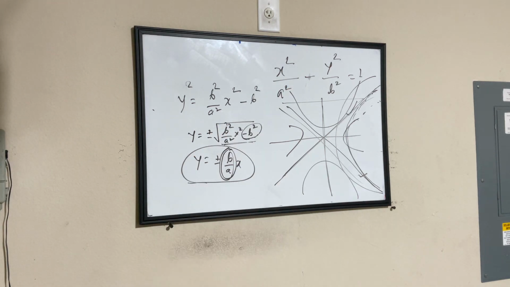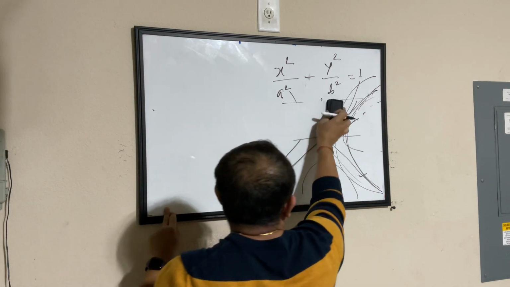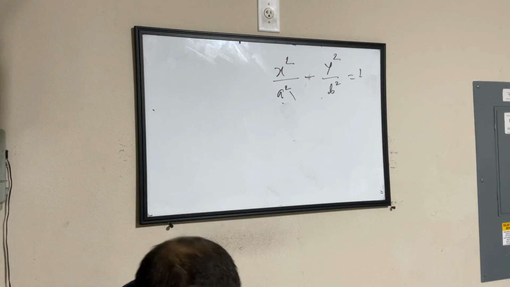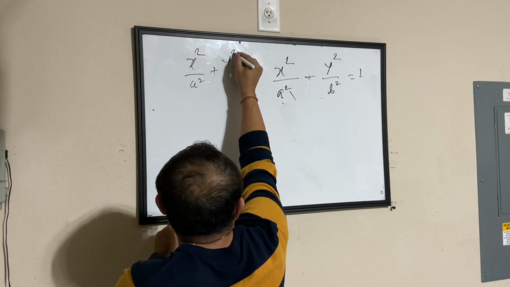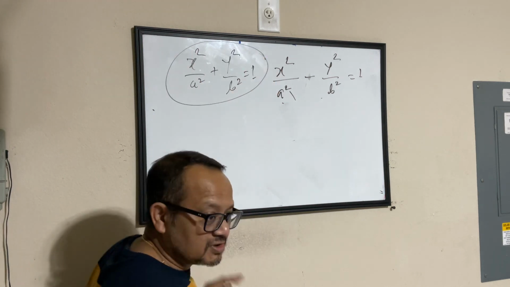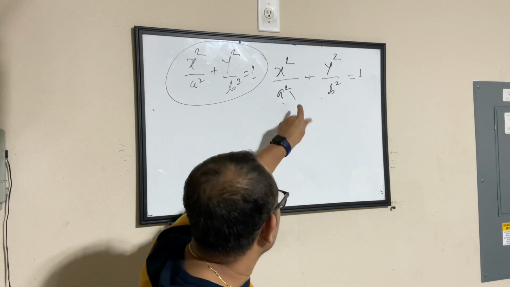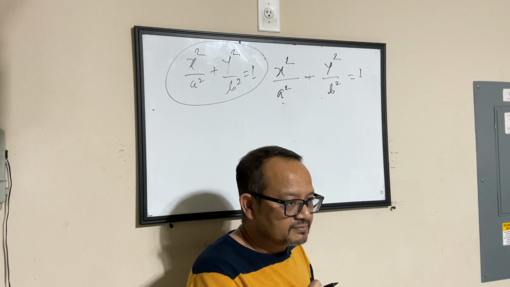So there are two variants of a hyperbola that we are talking about. In case of an ellipse, we saw that x squared by a squared plus y squared by b squared equals 1. This is one common equation that is used, and there is no variant to that. But in case of a hyperbola, we said that one of the terms will be negative.